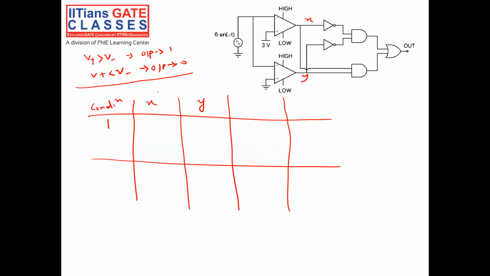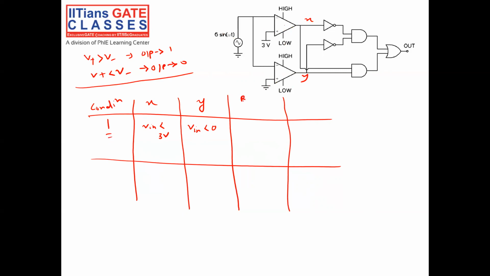For y, since V positive is 0, my Vin should be less than 0 volt for y to be high.